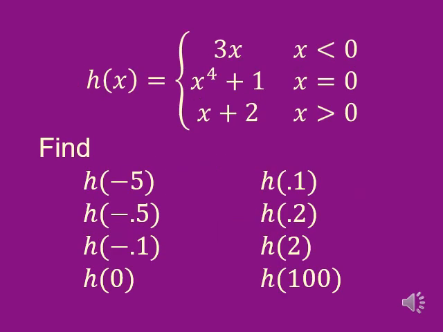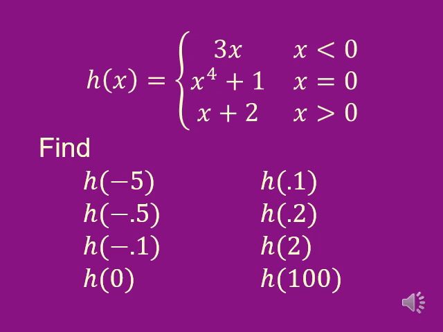Here's another piecewise function. This time there's 3 different parts to it, and I have 8 different questions that I want you to find. h of negative 5, h of negative 0.5, h of negative 0.1, h of 0, h of 0.1, h of 0.2, h of 2, and h of 100.